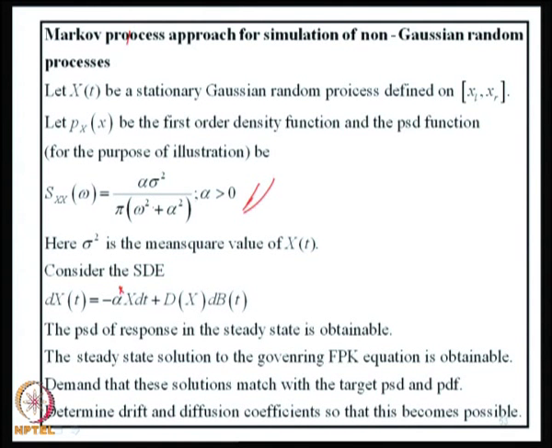So, what is known here are the solutions of this problem. What is unknown are this alpha star and d of x. So, this is an inverse problem. Okay. So, now we demand that these solutions match with the target PSD and PDF. That means determine the drift and diffusion coefficients so that complying with the target PSD and PDF becomes possible.